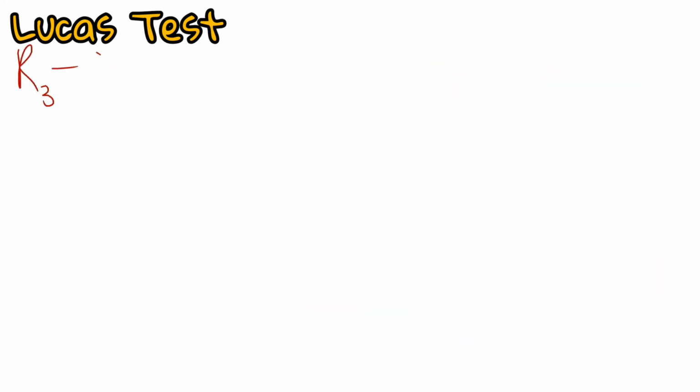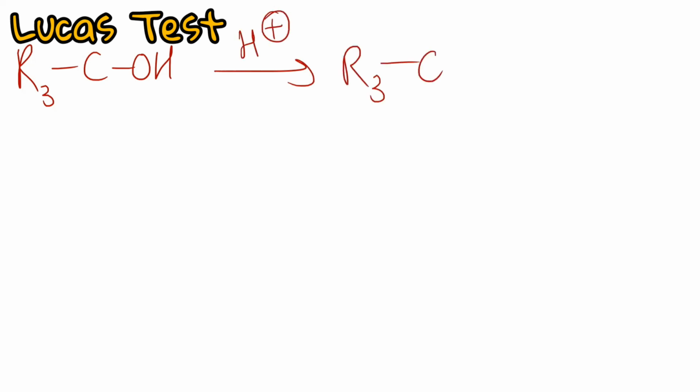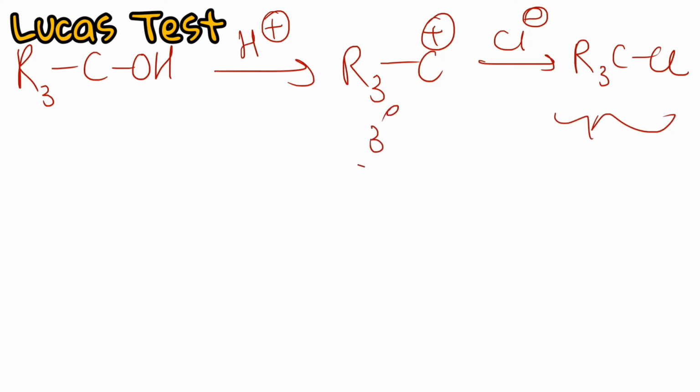If I have the tertiary alcohol reacting with H plus of HCl, it gives R3C plus by removing the water, then Cl minus from HCl gives me R3CCl. So for this solution obtained from the tertiary carbocation, the turbidity appears immediately.